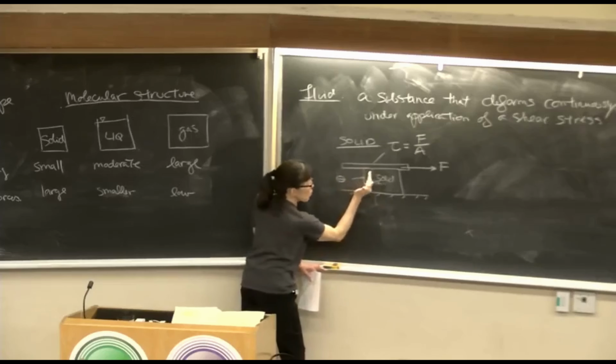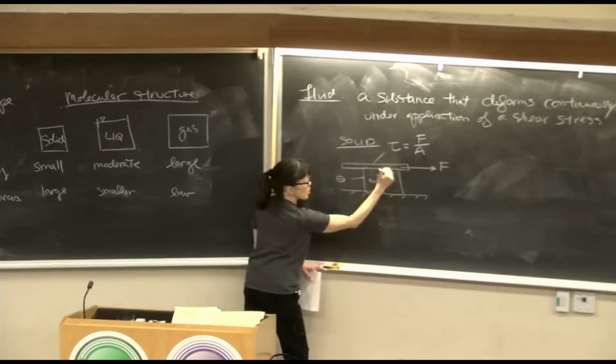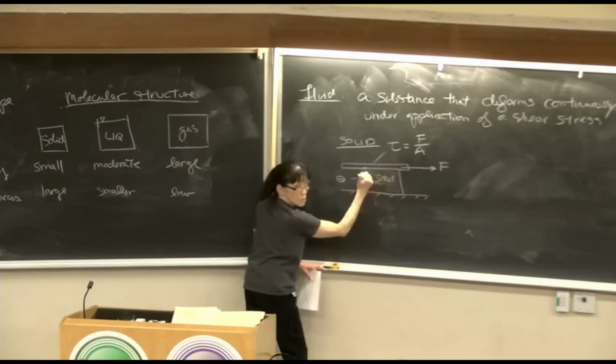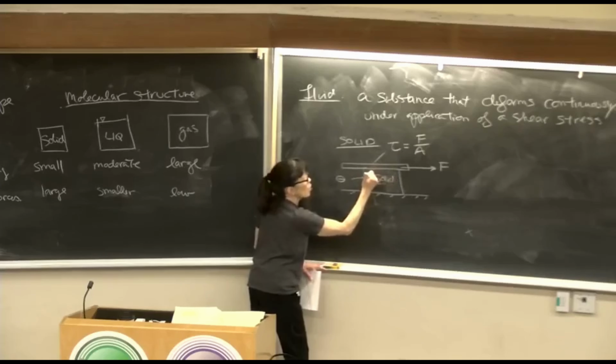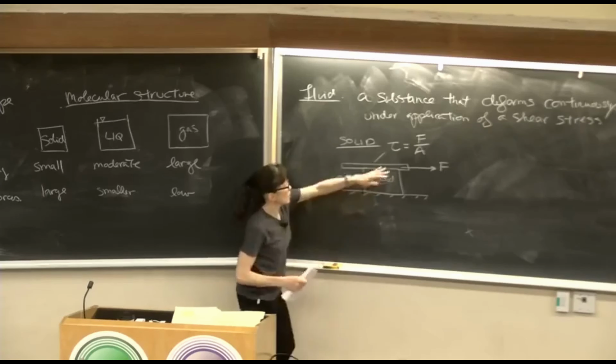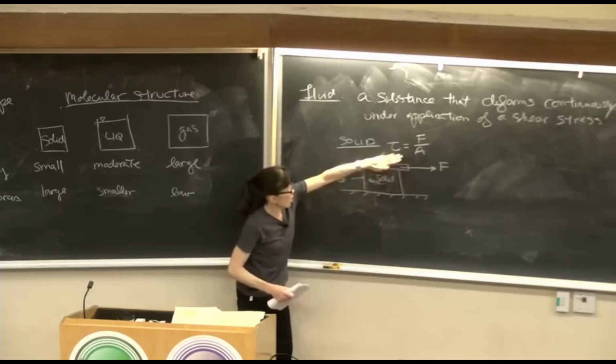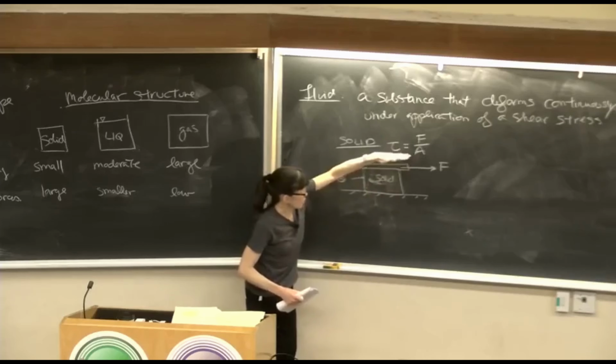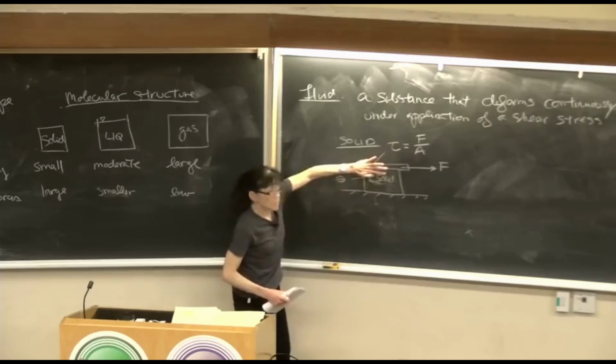But at some point, it will reach some equilibrium because this imposed shear stress will cause internal stresses within the solid, and those stresses at some point will end up being equal and opposite with its force, and there will be this equilibrium.